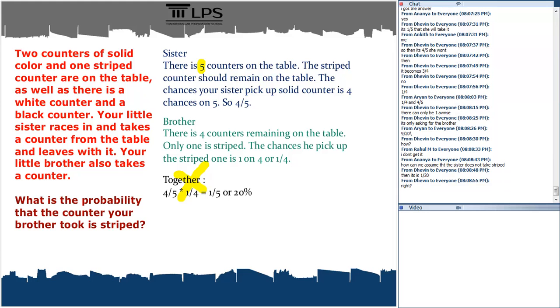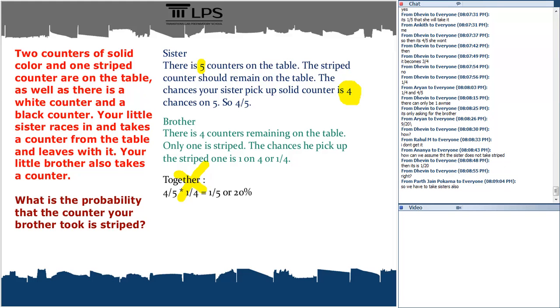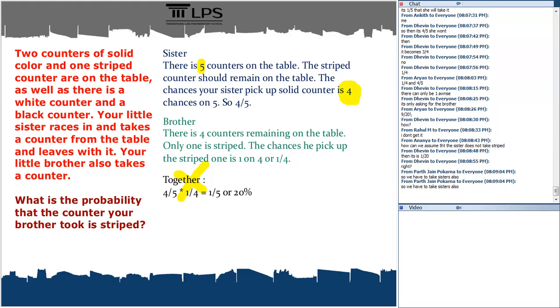That is the reason why I have taken into consideration only 4 counters that are solid. That is how I assure that the sister will select, and the brother will select the striped counter.